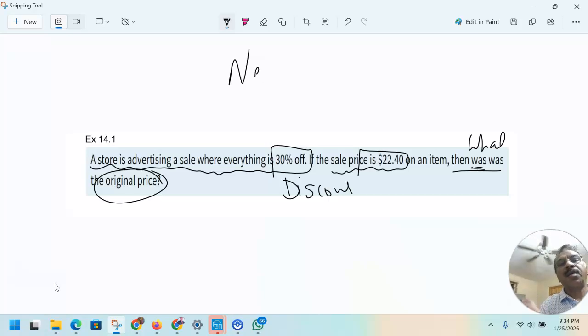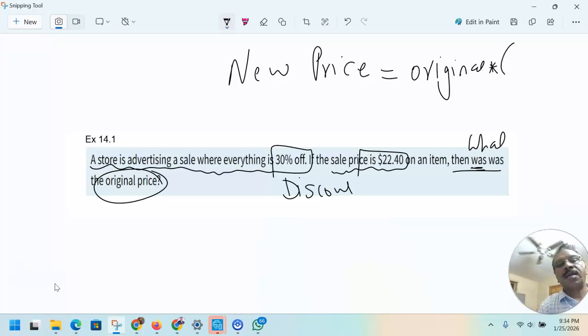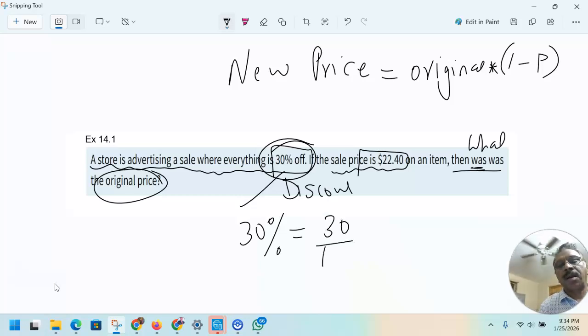Now remember the formula. The new price is always the original price times, because there's a discount here, we can use 1 minus p. So this is the shortcut formula, and this p is 30%, which is 30 divided by 100, and that is 0.30, which you just write as 0.3.